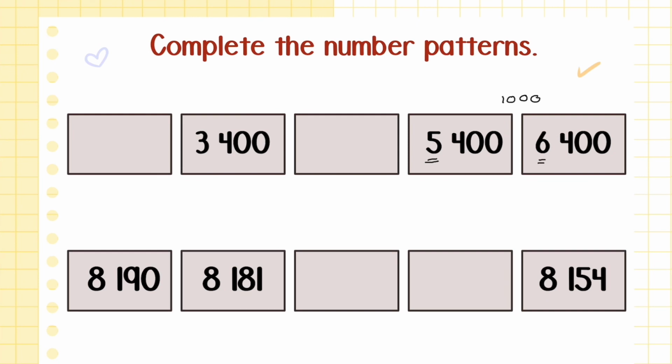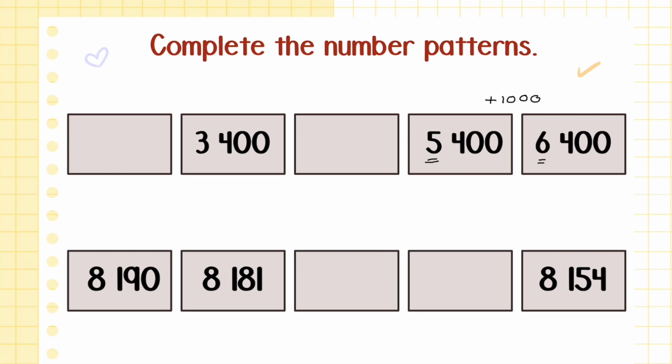So is it plus or minus? You see the fourth number is 5,400 and the fifth number becomes 6,400. So 5 to 6, going up from small to big. That means it's increasing. If it's increasing, that means we plus. So we already know each number will move by plus 1,000. Let's fill in the rest of the numbers.